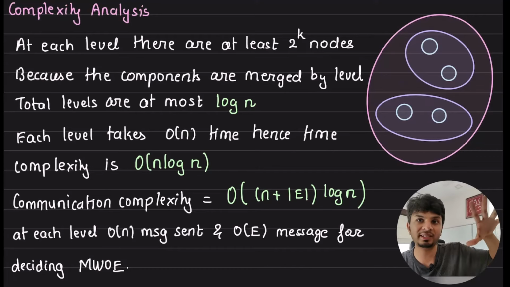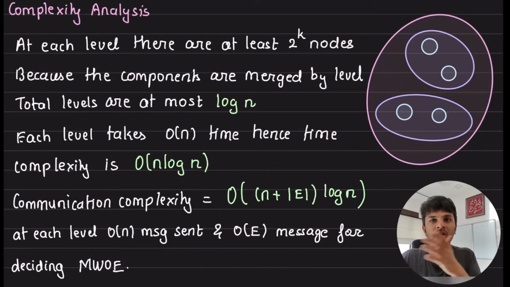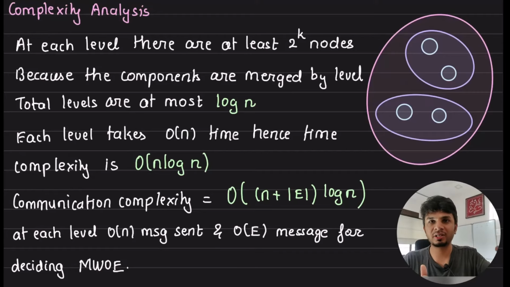Worst case, it would be order of (n + e) log n, right? Because the total number of messages would be the number of levels, at each level order n messages, plus order e to get the minimum outgoing edge. And this is the communication complexity of the system.